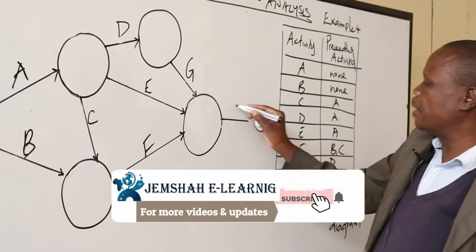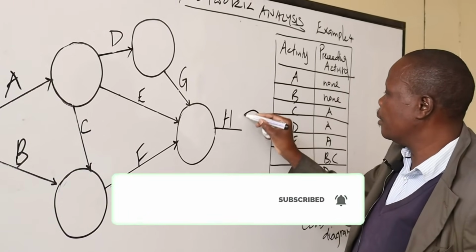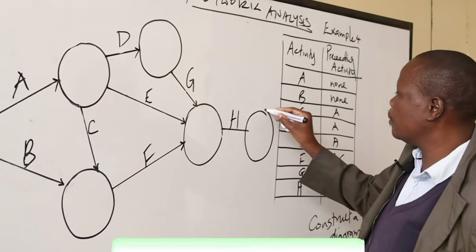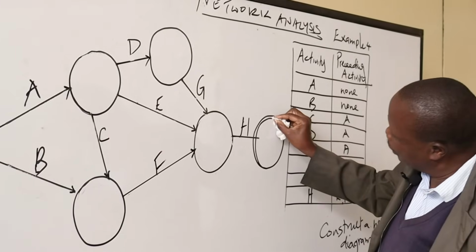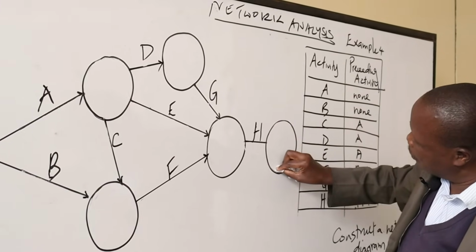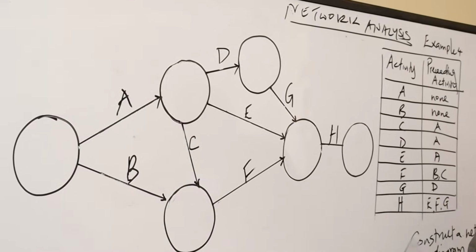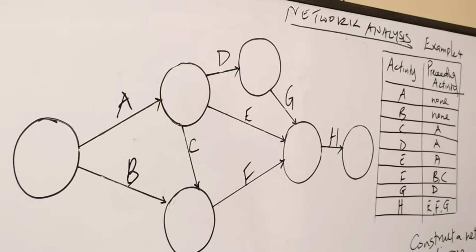So H is here, and this is the node for the completion of H. And since H is the last activity in the project, this node indicates that the project has been completed there.